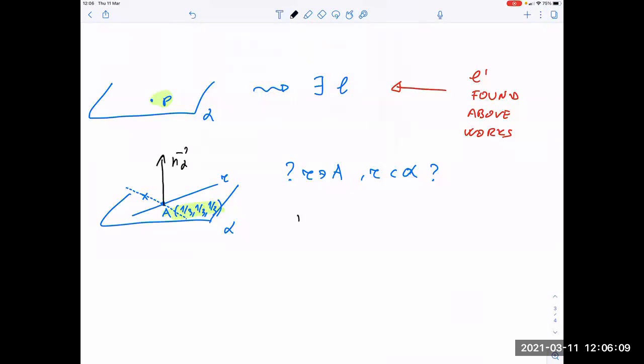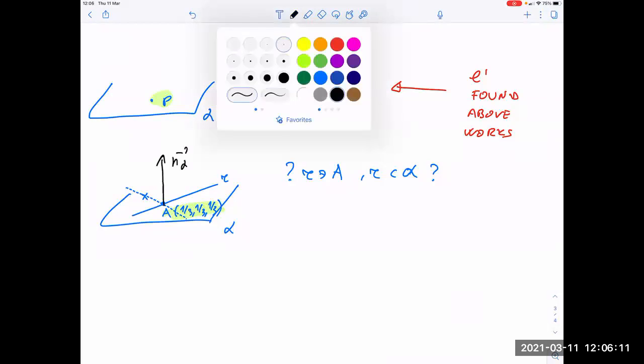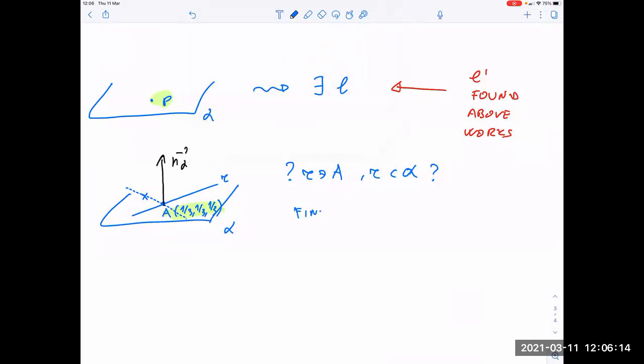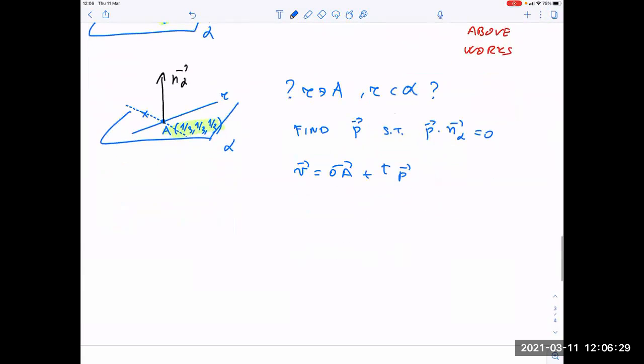You just need to find some P such that P dot n alpha is 0. And then you write down the parametric equation using the point A. Right? So how would it look like?